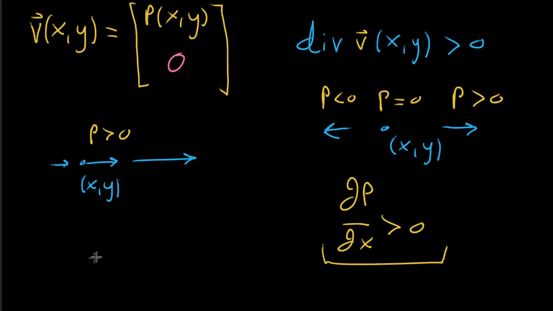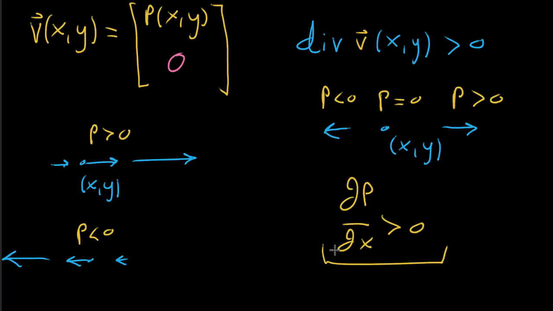And you can even look at it if you go the other way, where you have a little bit of negative component to p here, so p is a little bit negative, but to the left of your point, it's really negative, and then to the right, it's not nearly as negative. And in this case, as you're moving to the right, as x is increasing, you start off very negative, and then only kind of negative, and then barely negative.